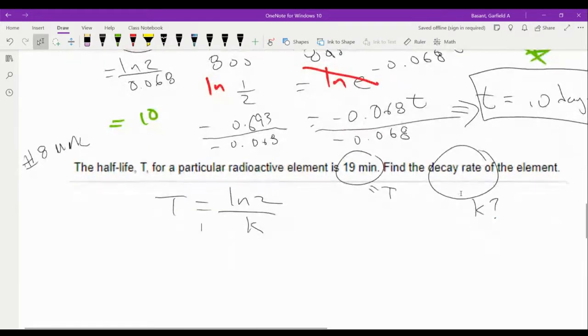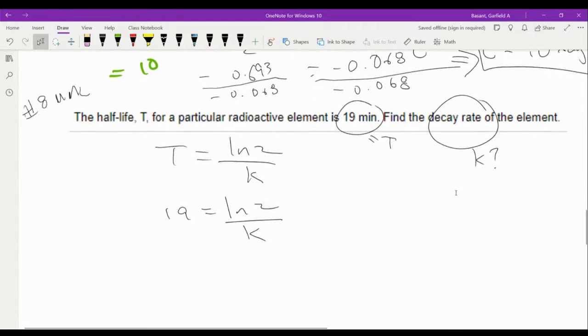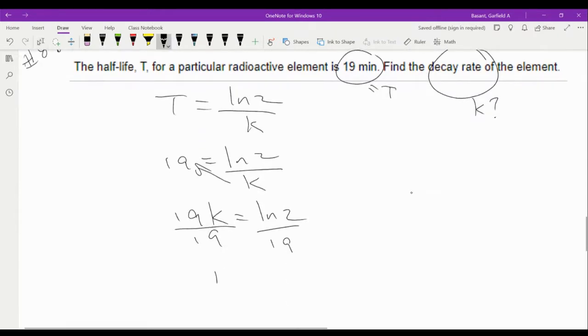So we can manipulate this formula, right? So we know that 19 is equal to the ln of 2 over k. How do we solve that? Well, we could multiply both sides by k, or we could do the cross product. So 19k is equal to the ln of 2, then divide both sides by 19. Then k is equal to whatever that comes up to be.